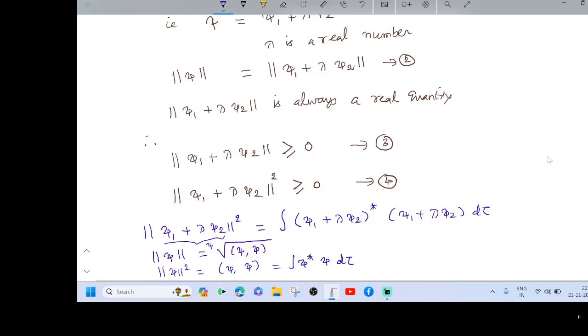We have just followed the same logic, treating the entire combination as psi. So the norm square of psi1 plus lambda into psi2 is equal to the integral of psi1 plus lambda into psi2, star, multiplied by psi1 plus lambda into psi2, into d tau. Now we have to expand this.